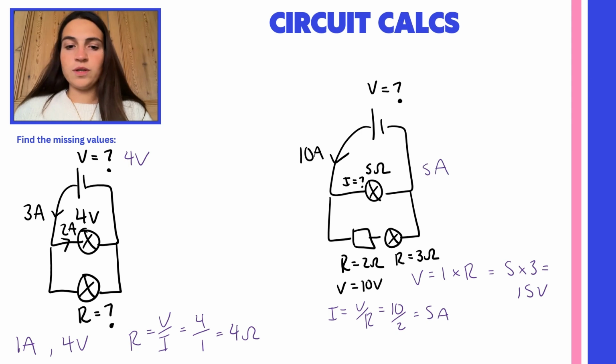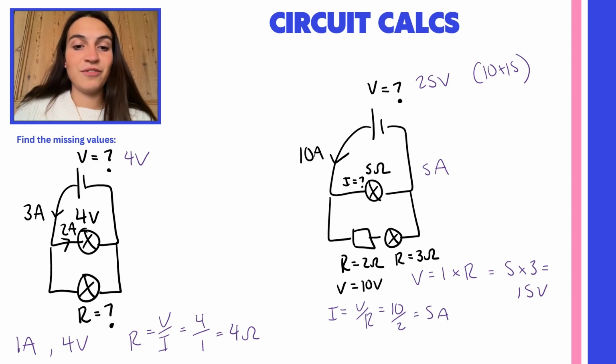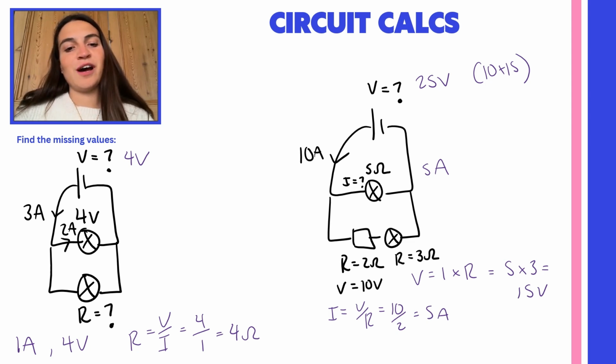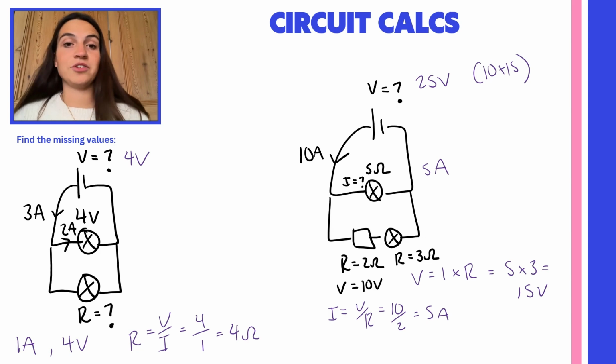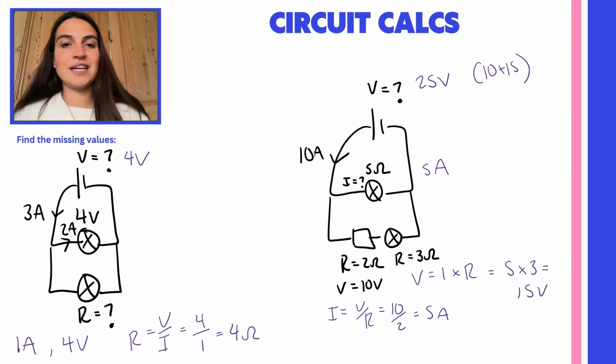So what does that help me with? That helps to tell me, well, that must be the supply voltage here. 25 volts must be my supply because that is the amount that that bottom branch has received. I also know that the current, which I was trying to figure out going through that top branch with that top bulb in it, must actually be 5 amps, because if the bottom branch receives 5 amps and the total current going into that junction was 10, then the top branch must receive the other 5 amps as well.